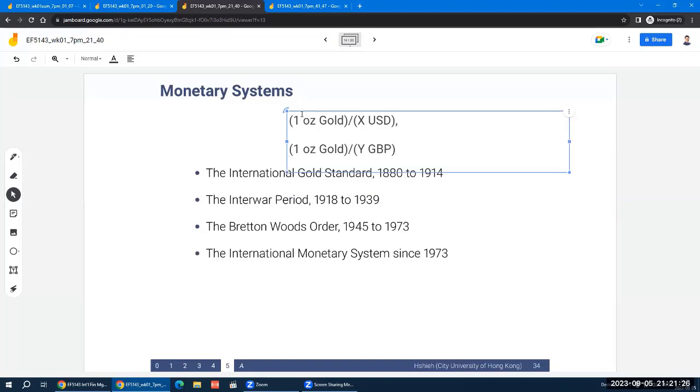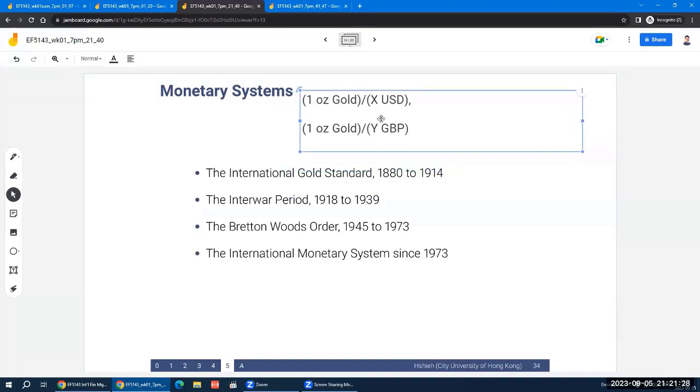All right. Then based on these two, based on X and Y conversion ratios, then you naturally must have an implied exchange rate, which is also fixed, USD per British pound equals X over Y, X divided by Y. Okay, and this is fixed, right?